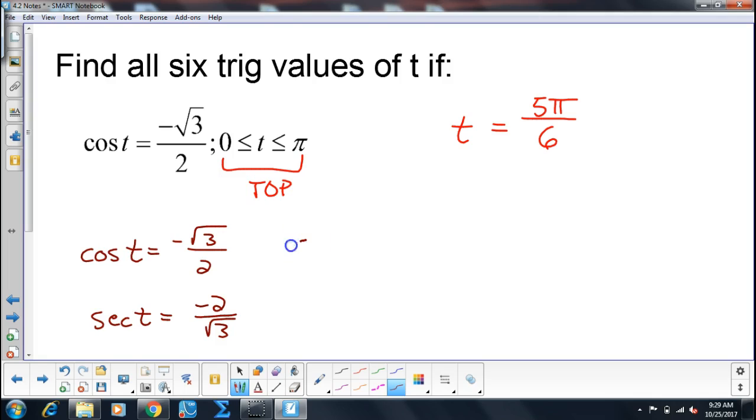So what's the sine of t? It's positive 1/2 off of my unit circle. Okay. So then what is the cosecant of t? 2 over 1, or just 2, right?